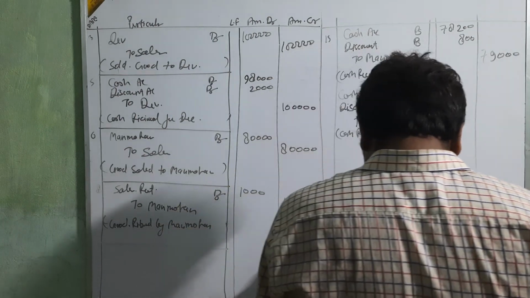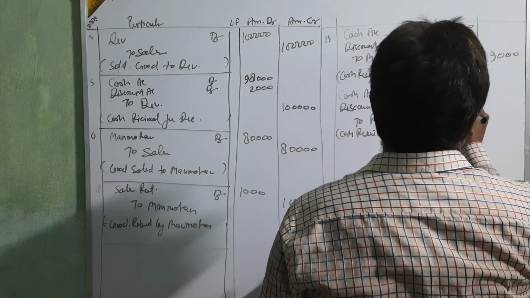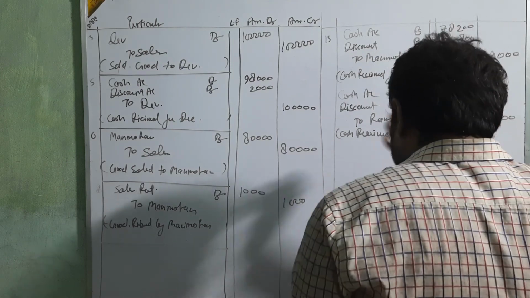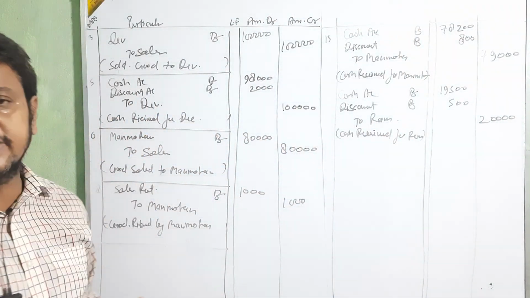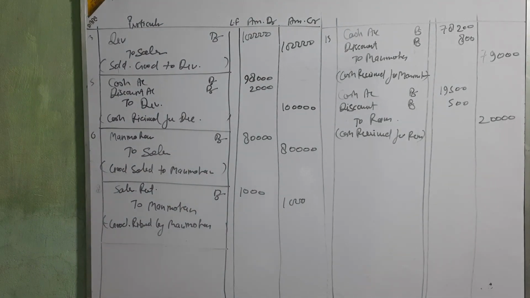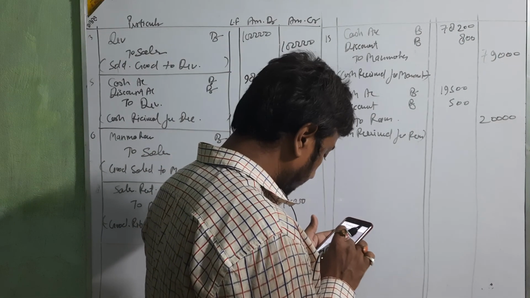He is paying 19,500 in cash, 500 discount. Total amount is 20,000 beta. Total amount is 20,000. Okay, clear? How much amount is there? Clear or not? Clear beta or not? Clear na? Then go for the next.